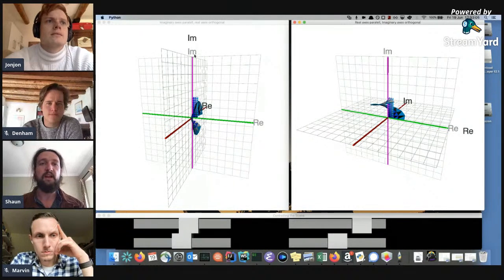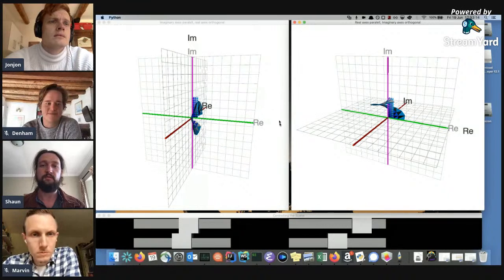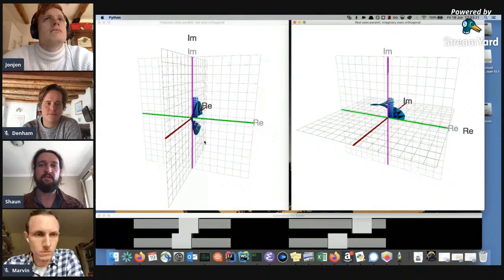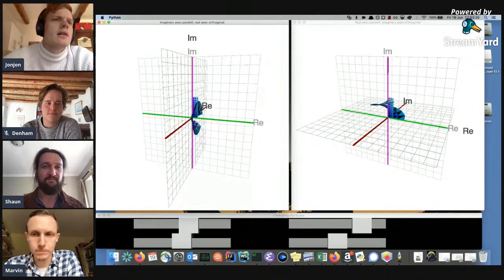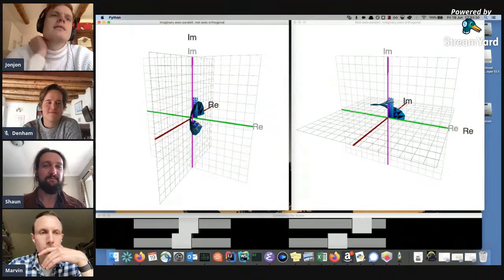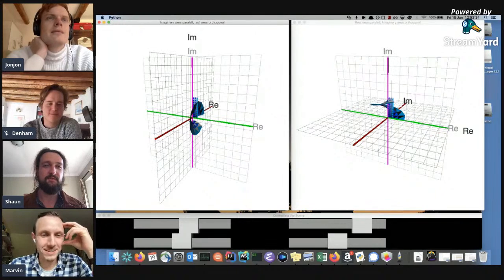So you can see the light IM is the imaginary for the domain, and the light RE is the real for the domain plane, and the black is the image plane in both graphs. Does that kind of make sense? Yeah, makes sense. Like 90% sense.